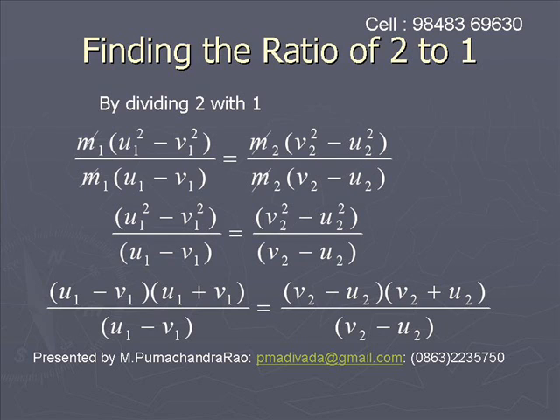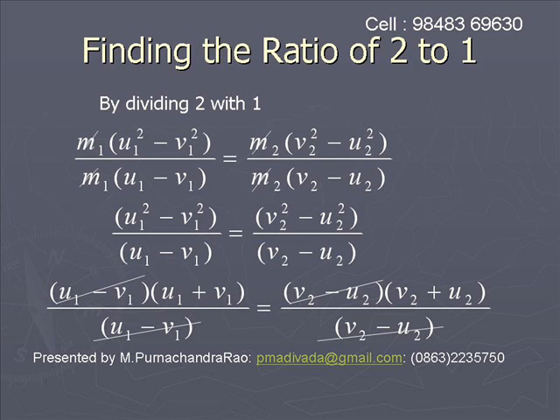But you notice that u1 square minus v1 square can be written as u1 minus v1 into u1 plus v1. A square minus b square is equal to a minus b into a plus b. Hence, you can write it as u1 minus v1 into u1 plus v1 divided by u1 minus v1. u1 minus v1 gets cancelled and you will be left with u1 plus v1.